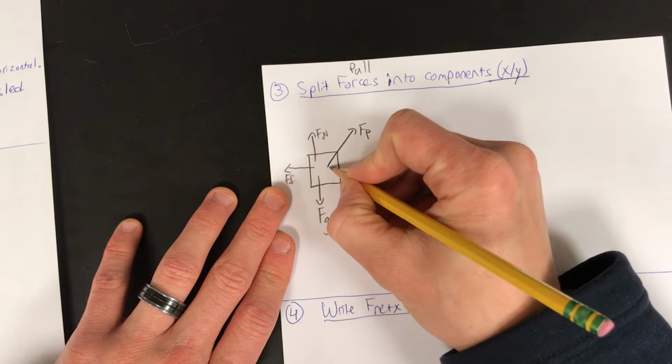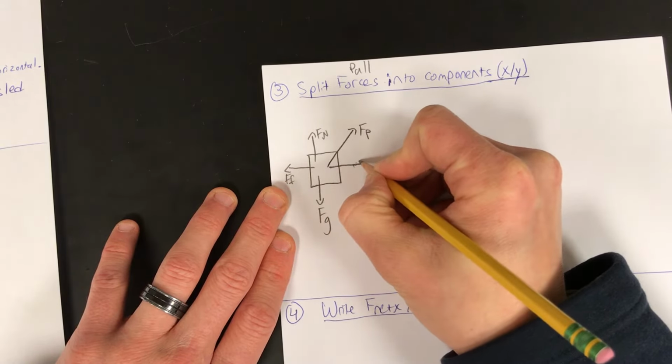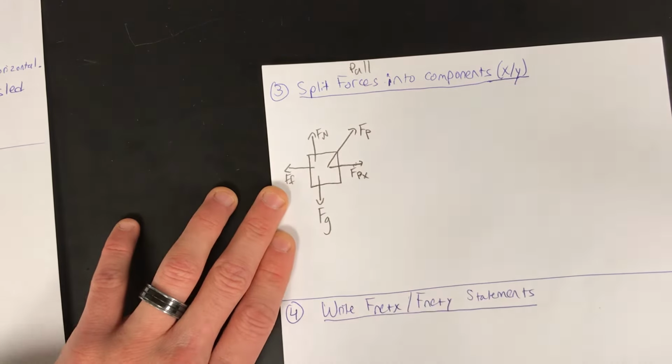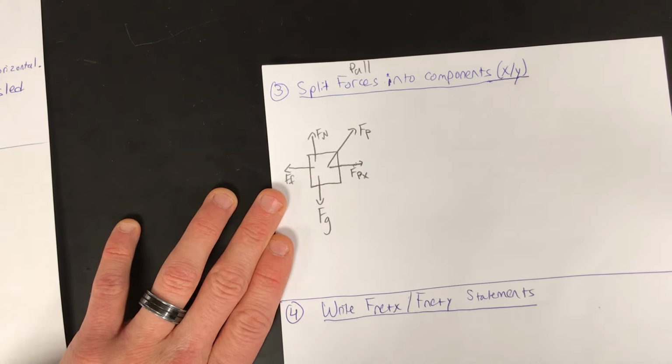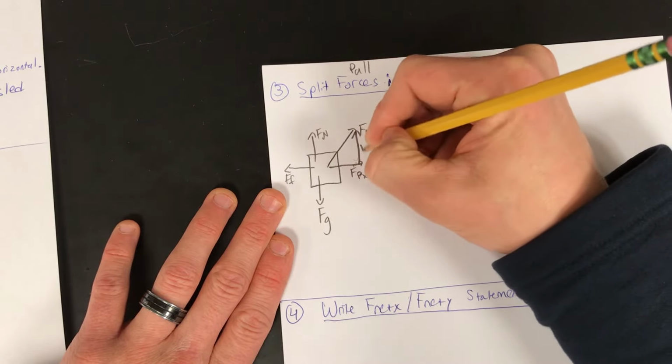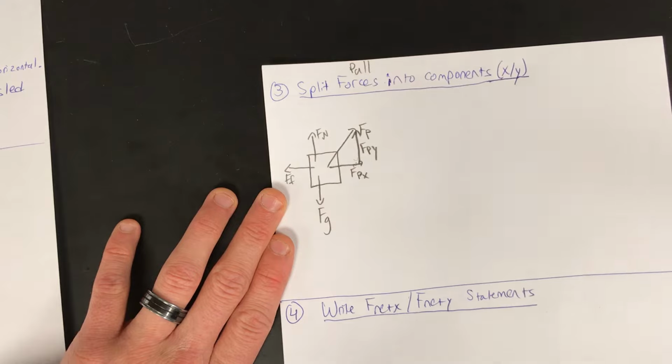But the pull, which was upwards at an angle, we're going to split that and make it look like a triangle, where Fpx is the part of the pull that goes in the X direction, and we're going to split it into Fpy as well, which is the part of the pull that goes upwards, or in the Y direction.